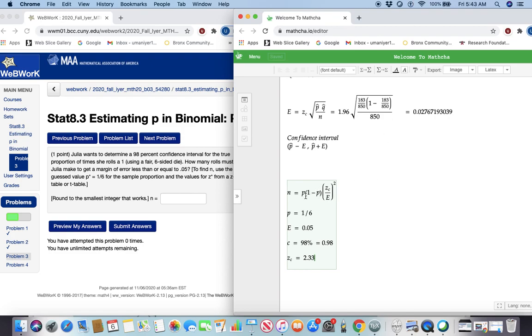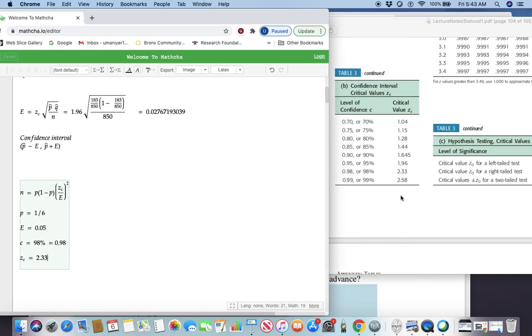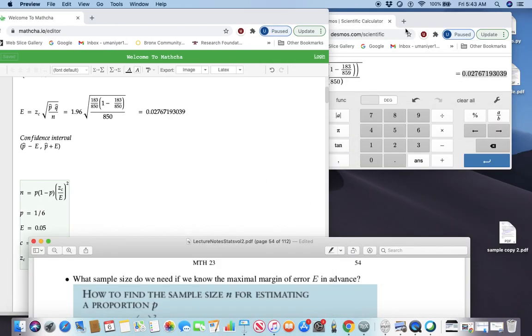Now let me calculate this using our calculator.